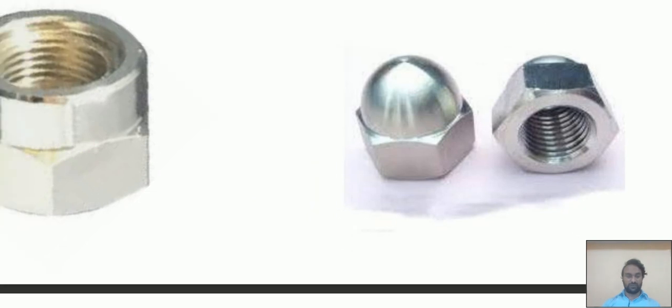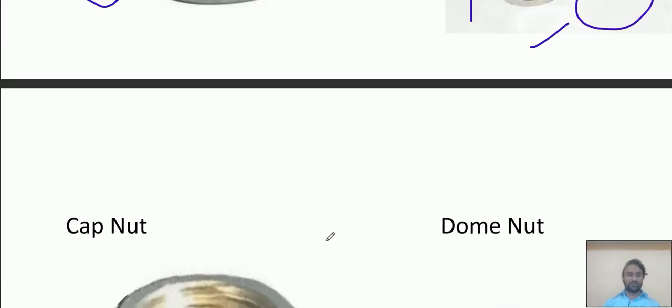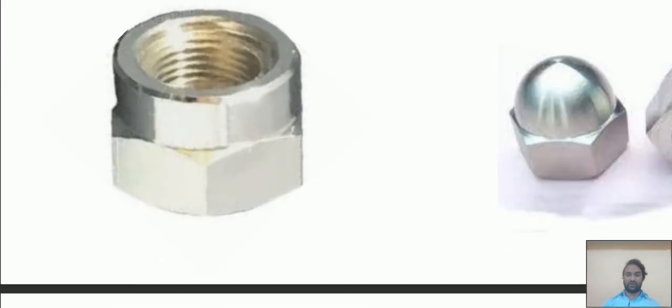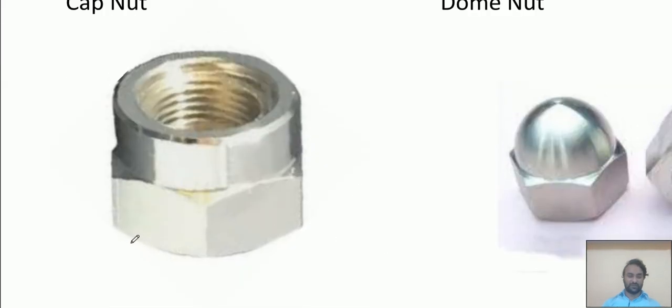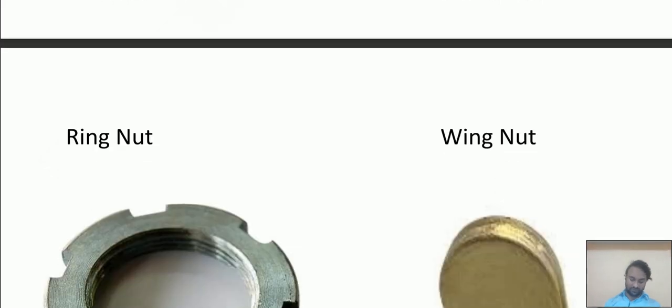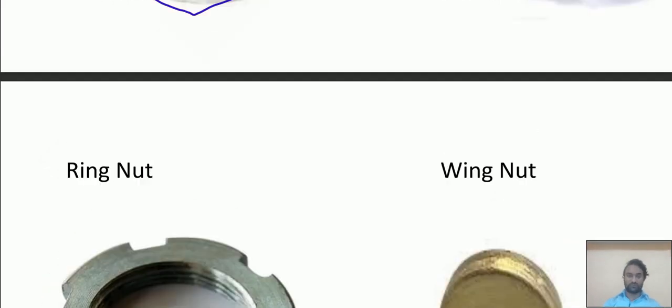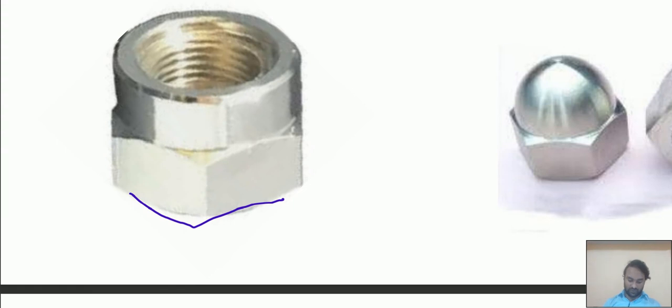Next, this one is the cap nut. Actually the shape is like this. Here you see the depth, you see the thread length. Here the thread is going inside, internal threads.